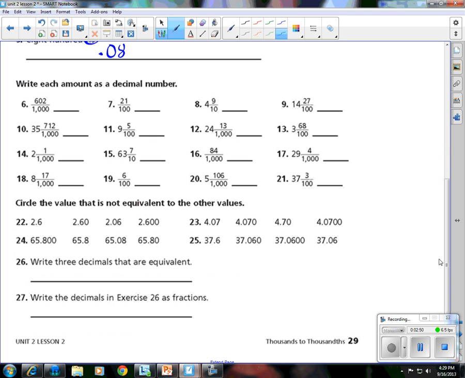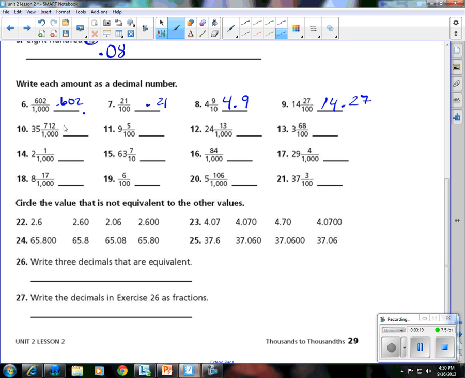Decimal format, 602 thousandths, 602, 2100ths, decimal 21, 4 and 9/10, so 4 and decimal 9/10. 14 and 2700ths. 14, the word "and" means the decimal, 2700ths.